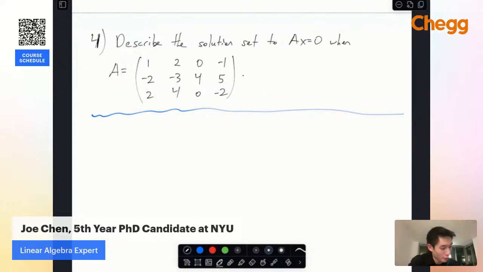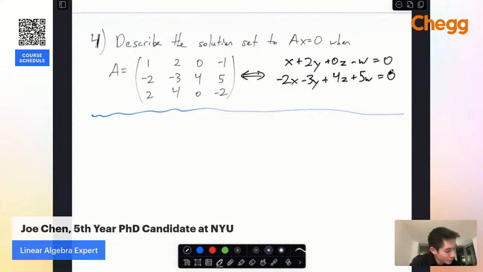If you were to write this out as equations, you would get x plus 2y plus 0z minus w equals 0, minus 2x minus 3y plus 4z plus 5w equals 0, and 2x plus 4y plus 0z minus 2w equals 0.